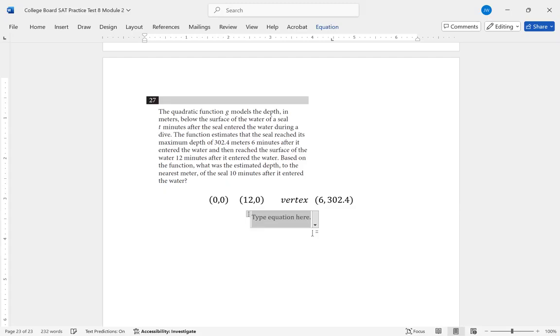Now we're looking at a quadratic, and a quadratic equation can be written as either ax squared plus bx plus c, or as y equals a times x minus h squared plus k.